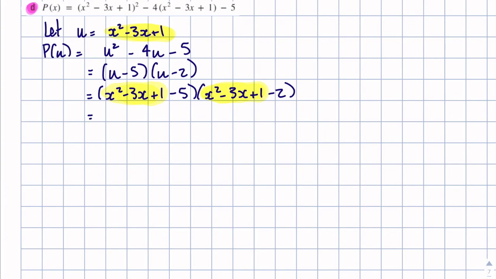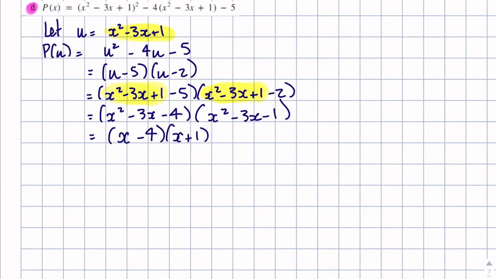X squared take 3x plus 1 take 5 is the same as x squared take 3x take 4. And this one's going to come out as x squared take 3x take 1. Now, this first one on the left, that's the same as x take 4, x plus 1.